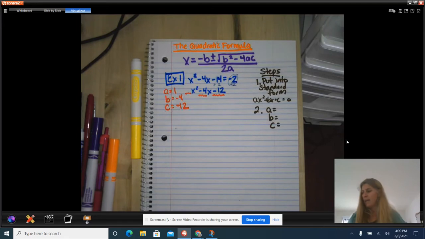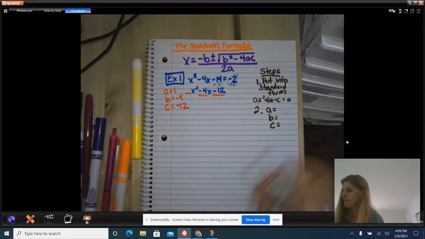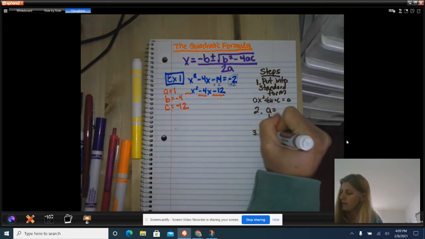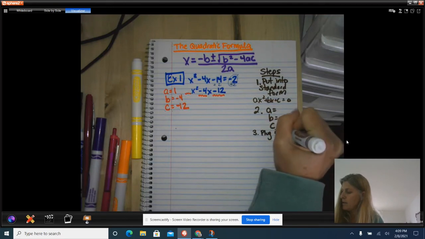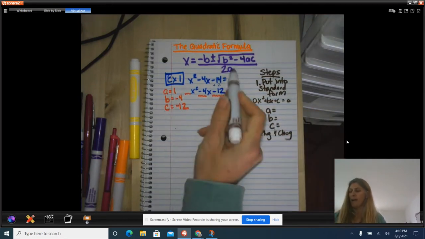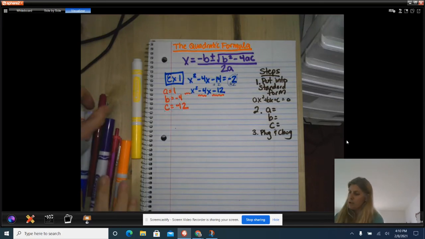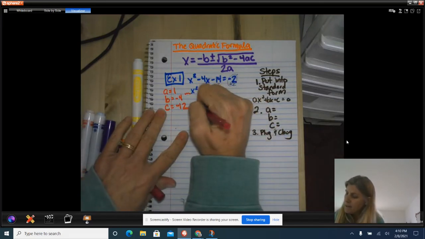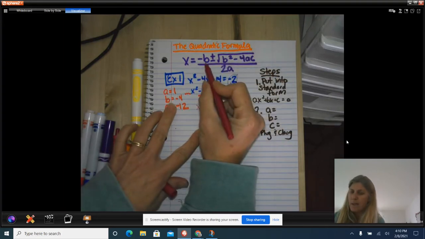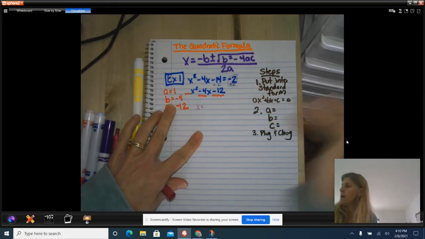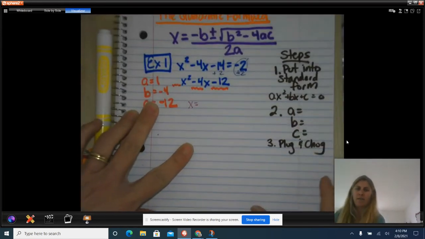Okay. And there's just one last step, and that is plug and chug. So that means plug in A for A, B for B, and C for C. So let's jump on in. X is equal to negative B. So we're going to just substitute everything in, writing everything exactly as is.